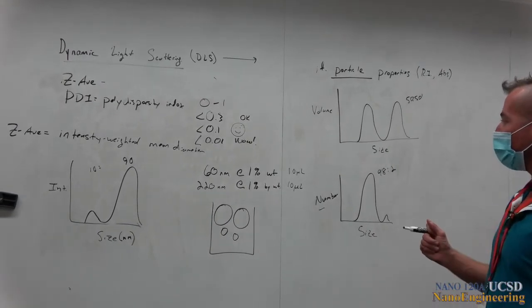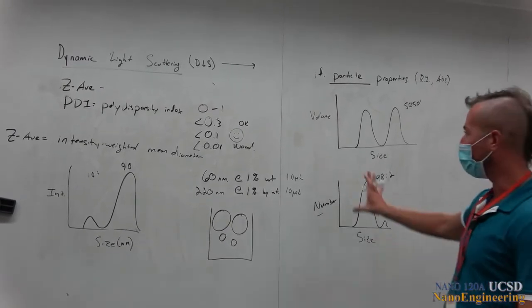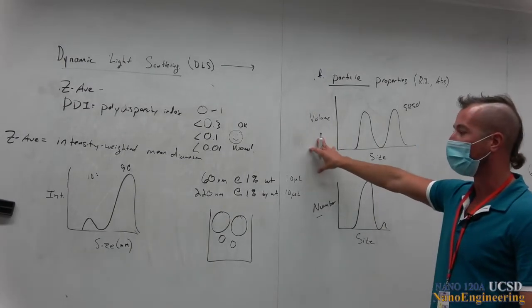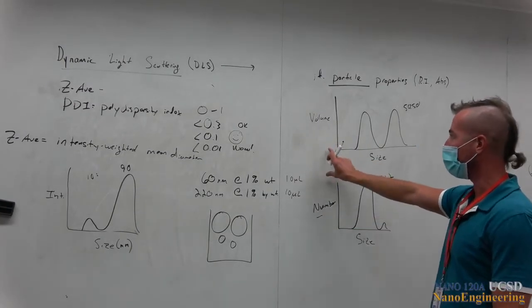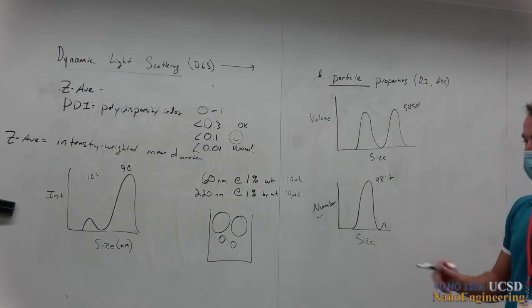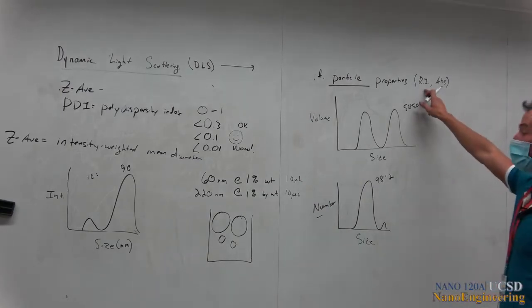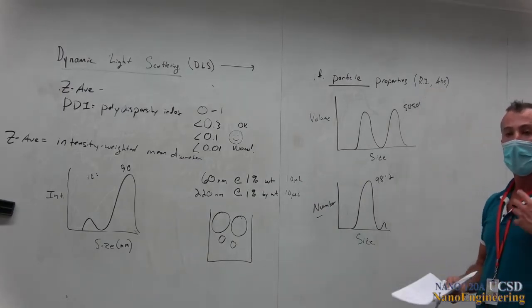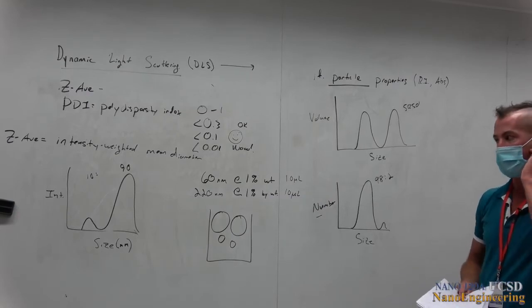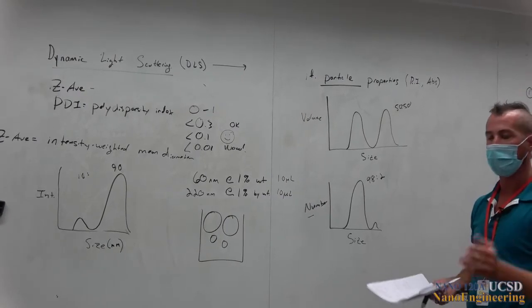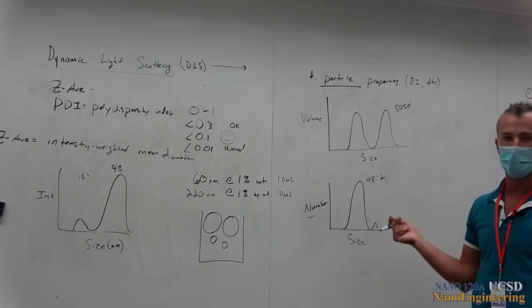It's just presented differently. And I'm doing a little bit of hand waving here in terms of how they get this intensity data into volume data. But they're using basically the refractive index and the absorbance to know how does that intensity of the scatter at a given size correlate to the volume of the particle or the number of particles that should be there.